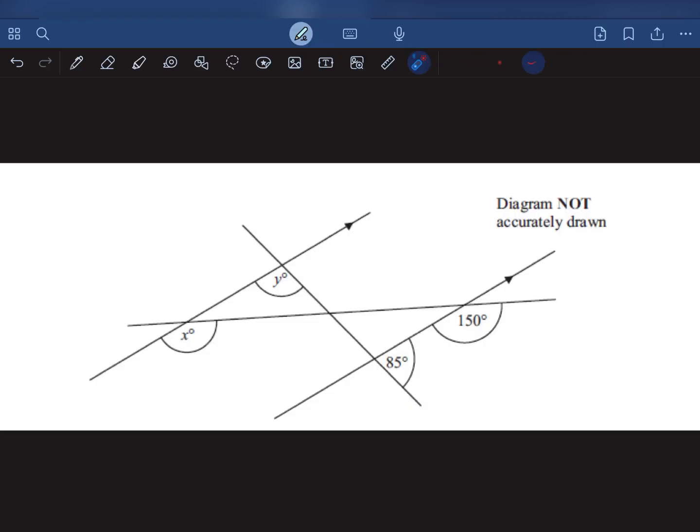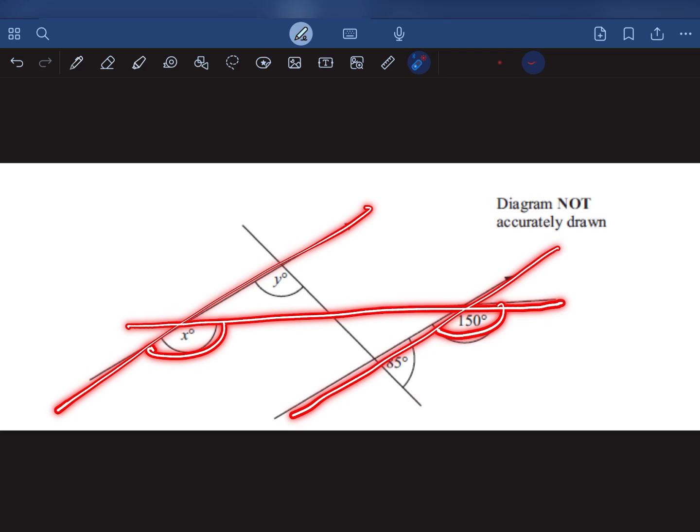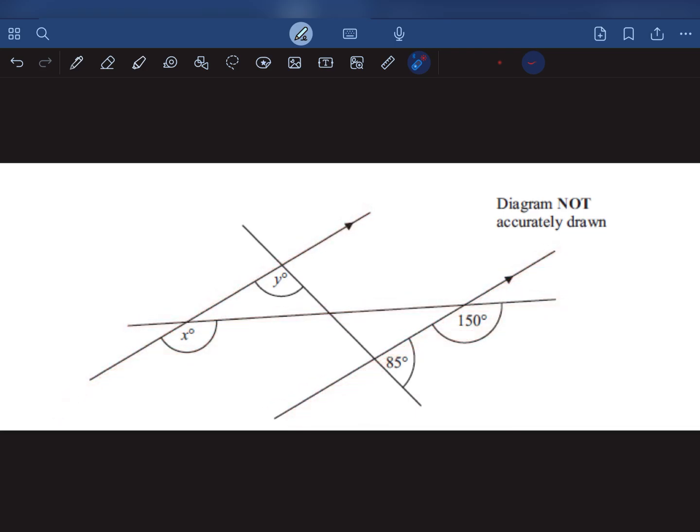Okay, so let's find the value of x and y. As you can see, these are a pair of parallel lines. This is the transversal line, and these angles are at the same position on the transversal line. So we are going to call them corresponding angles. We say that x is equal to 150 degrees because it is corresponding to 150 degrees, right?